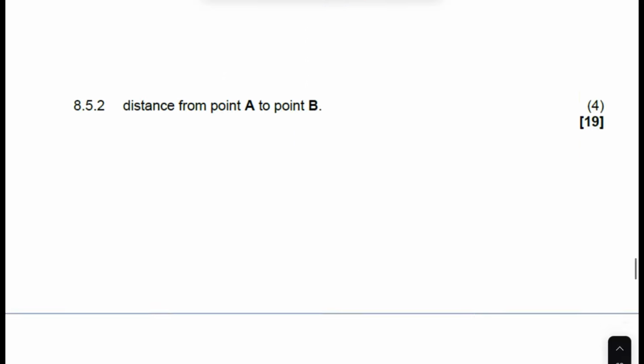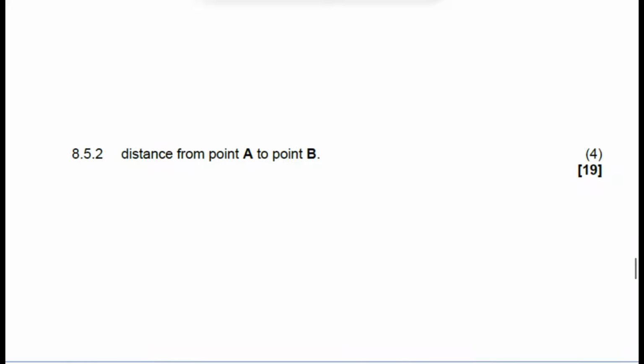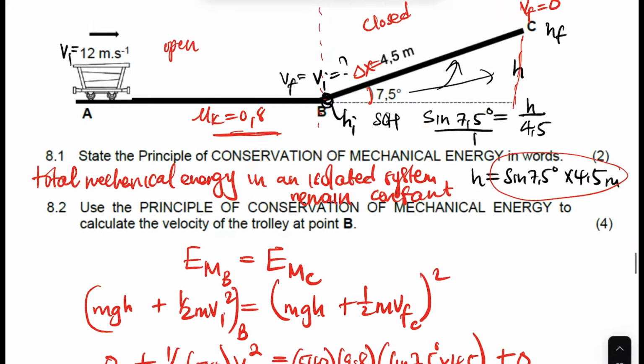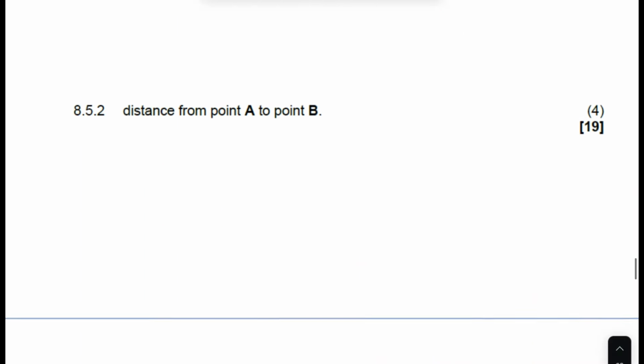Let's go to the next question. The last question says the distance from point A to point B. So what is required here is this distance from here to here. What can we take advantage of to calculate that distance? We have to use the friction. What exactly in friction can we use? We can use the work done by friction, right?